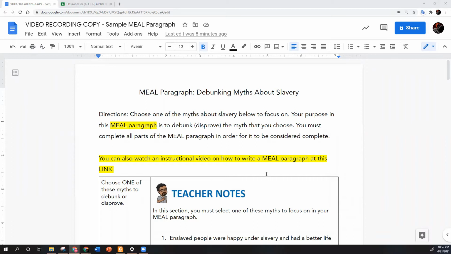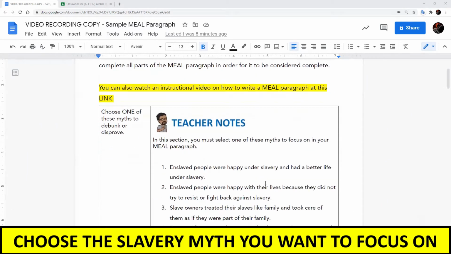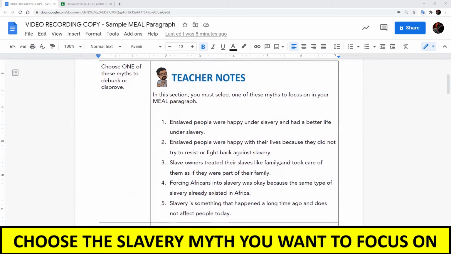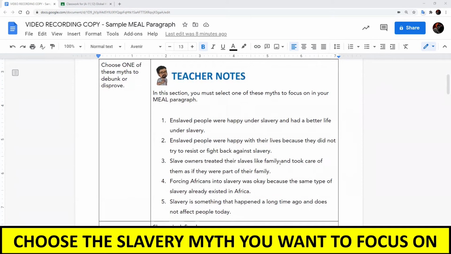The first thing you have to do is choose one of these myths to debunk, or disprove. And just so you know, your own MEAL paragraph document is divided into two columns. The one on the left has instructions, some more details, or even links to things that can help you out.